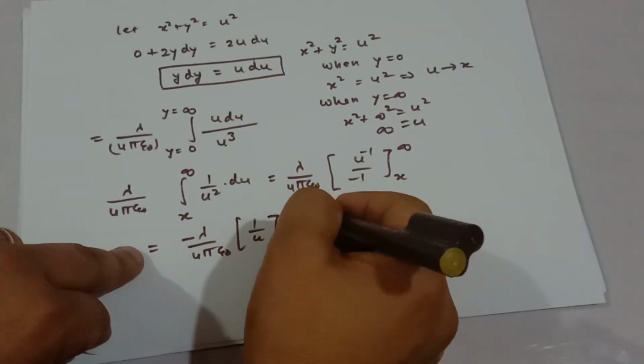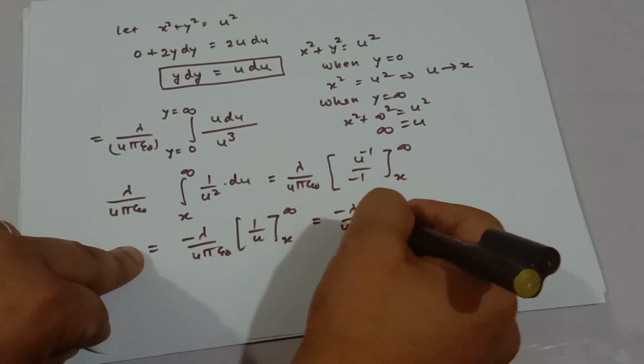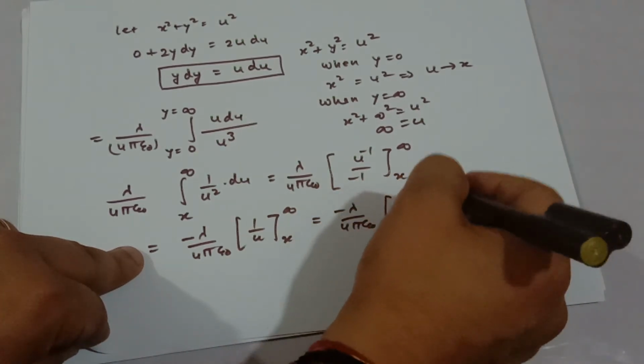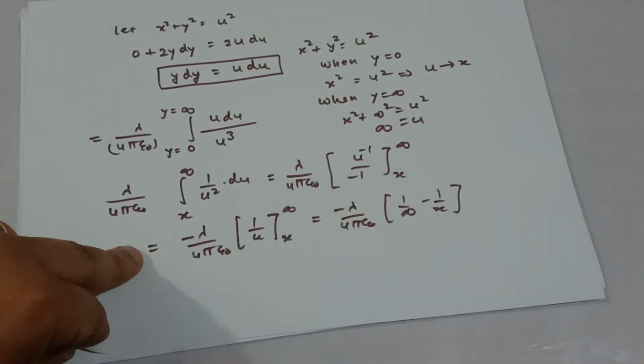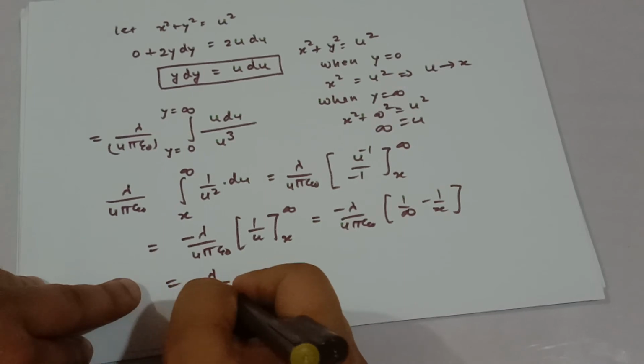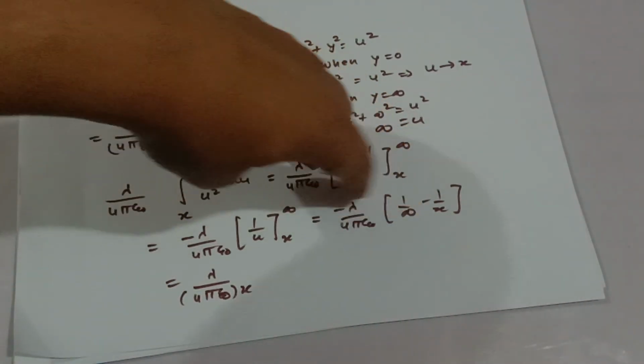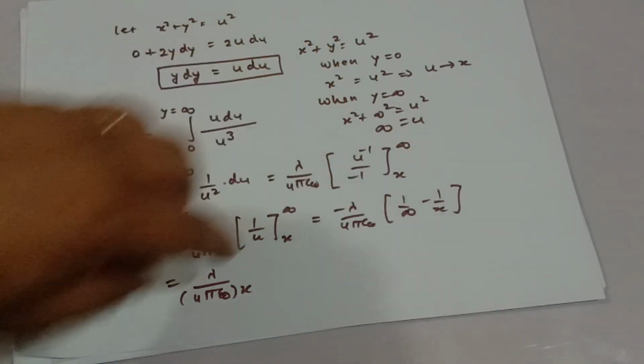So when you put this value here, that would be minus lambda divided by 4 pi epsilon naught, and that would be 1 by infinity minus 1 by x. The limit you put here, so that would become lambda divided by 4 pi epsilon naught into x, because 1 by infinity would become 0 and minus 1 by x would come out, so the minus would become plus here.